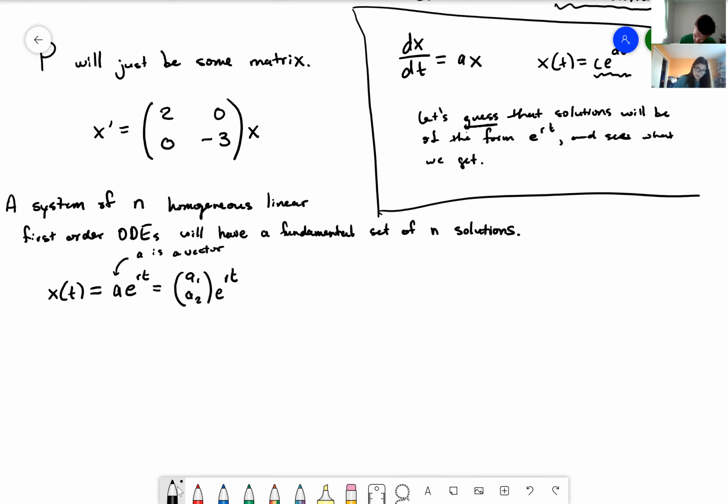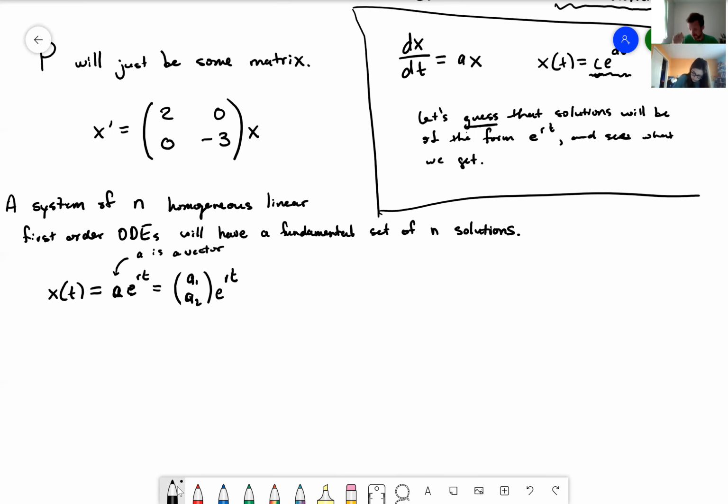So if our solutions over here are of the form c e^(at), then we generalize this c. Now, I'm going to stick with a because later on I'm going to want to use c for something else.